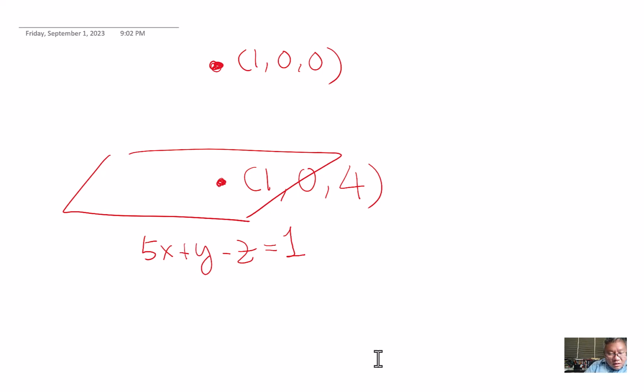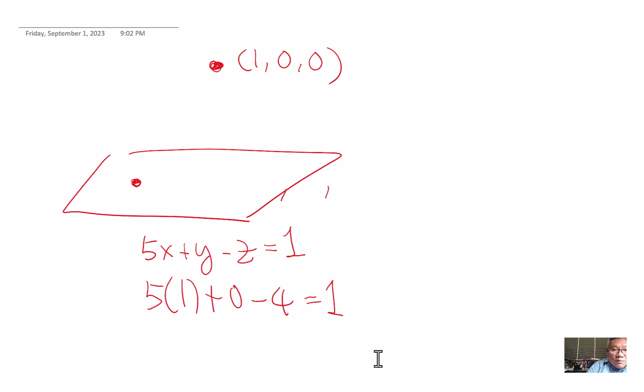Let's double check that. 5 times 1, plus 0 minus 4, is it equal to 1? 5 minus 4 is equal to 1. So yep, (1, 0, 4) is on the plane. Let me draw it here. I don't know if it's directly below it. I don't want you to get the wrong concept. So (1, 0, 4) is definitely on the plane. (1, 0, 0) is not on the plane.